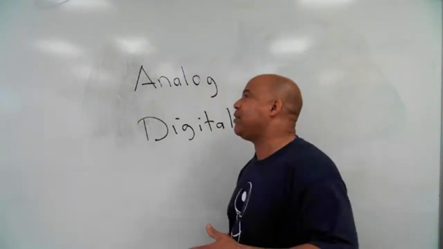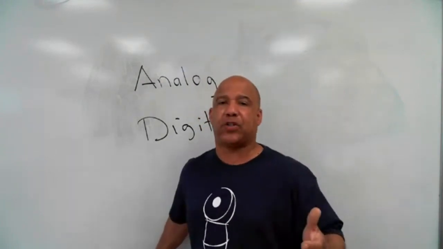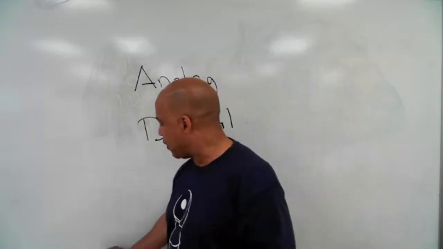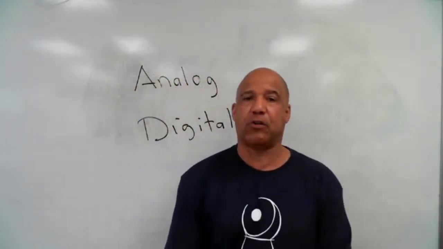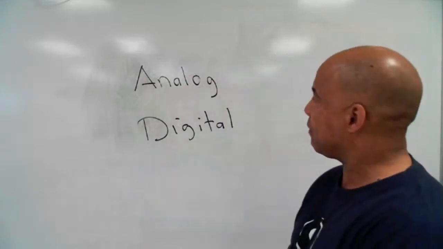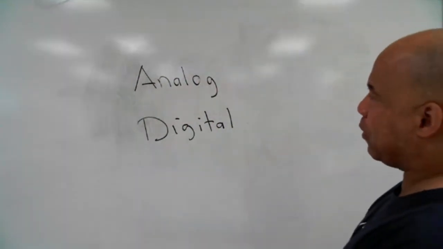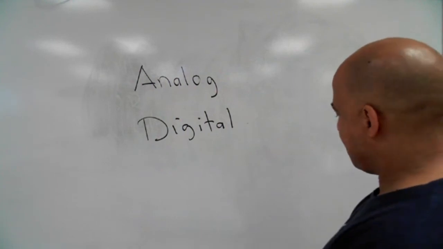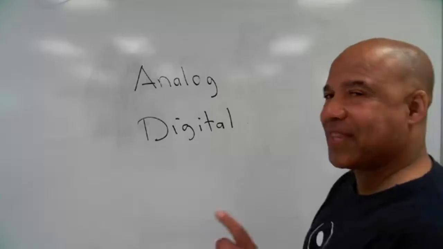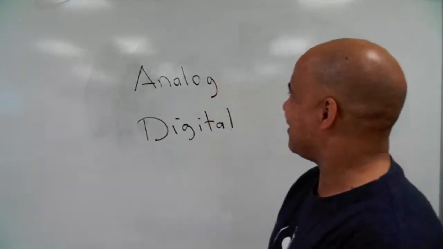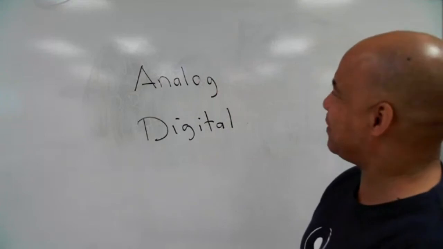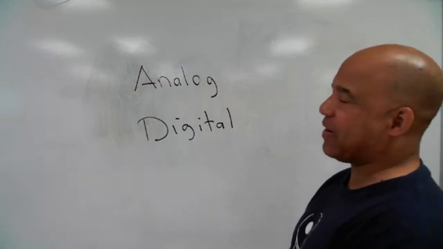So what do you think the most measured physical quantity is on the planet Earth? What physical quantity do we measure most? Anybody? Money? You would think so. Probably money might be the second, but not everybody values money.